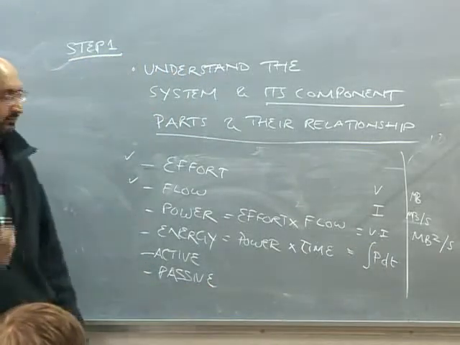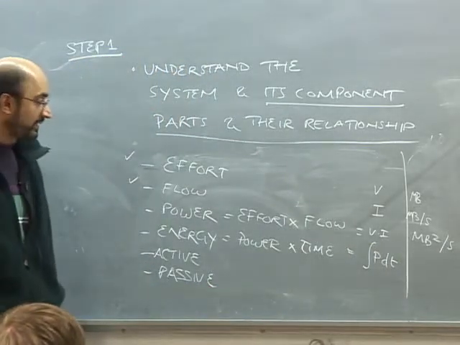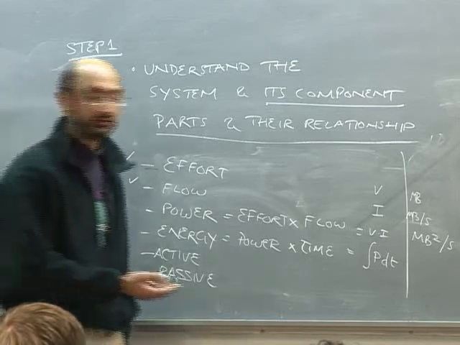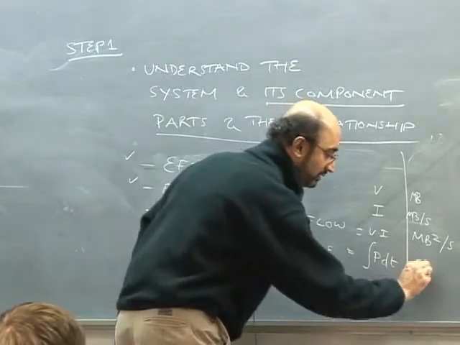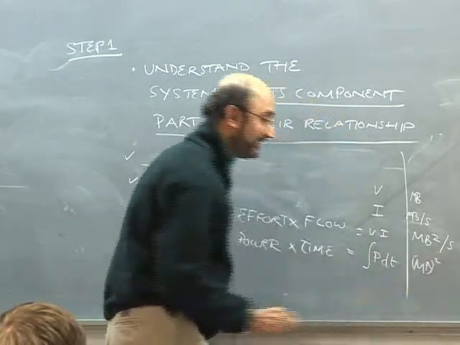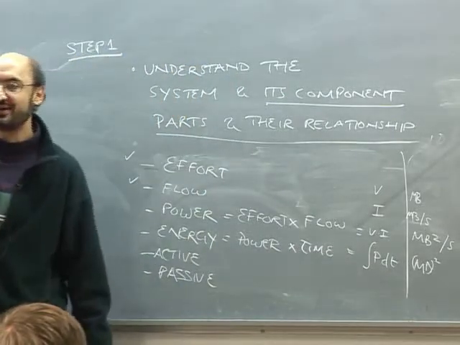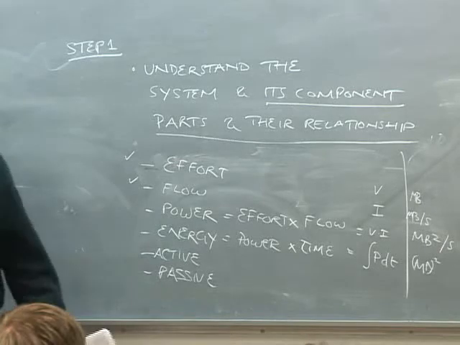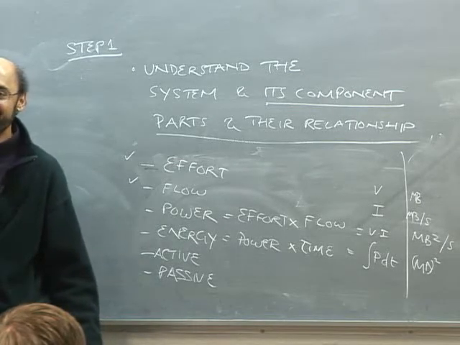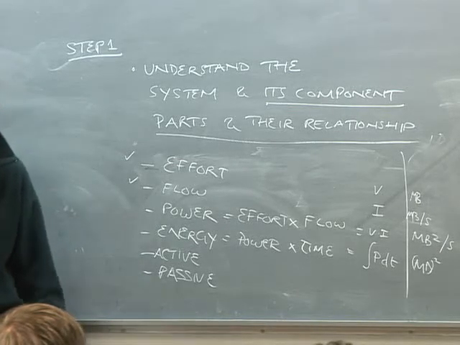So power would be in megabytes squared per second. Energy would be the integral of that, so it would be in megabytes squared. So it's a square of the megabytes unit. That's network energy in megabytes squared.